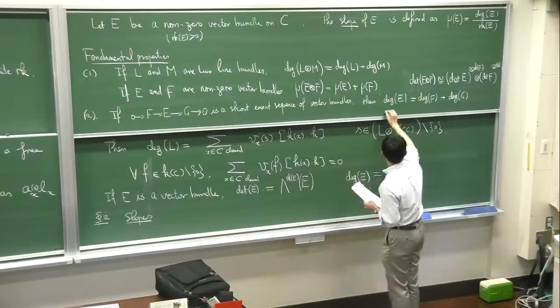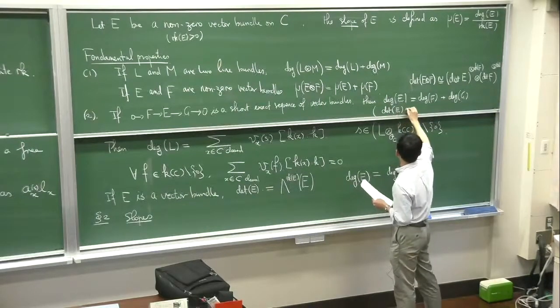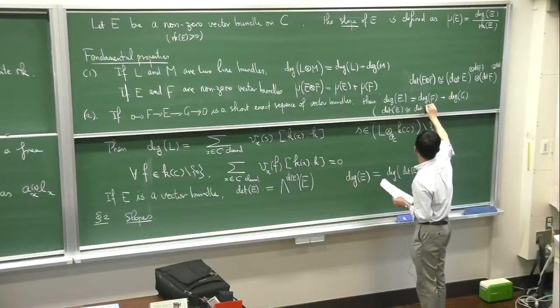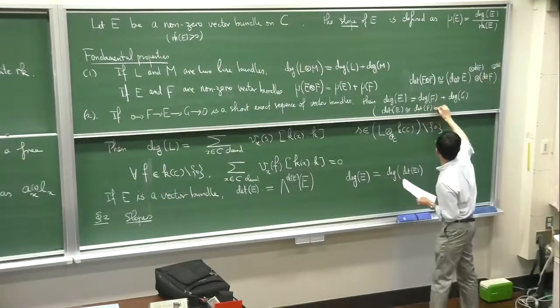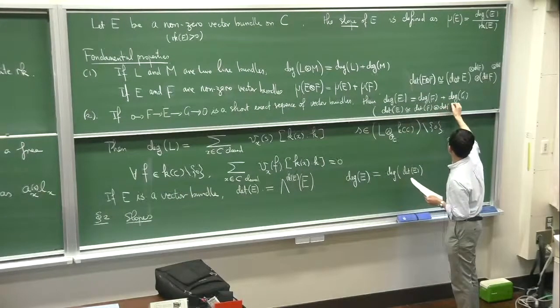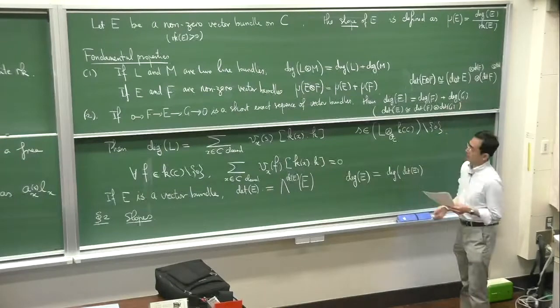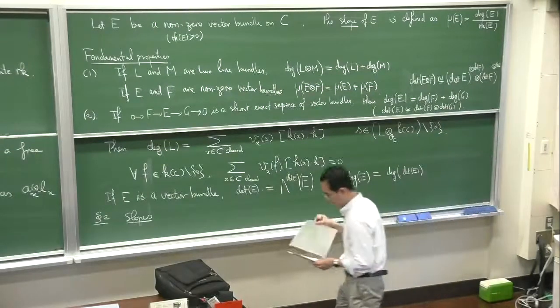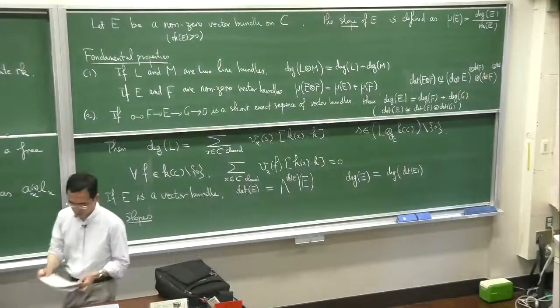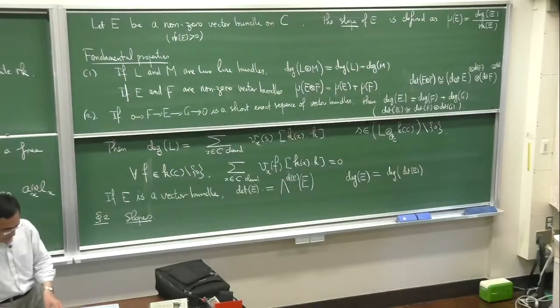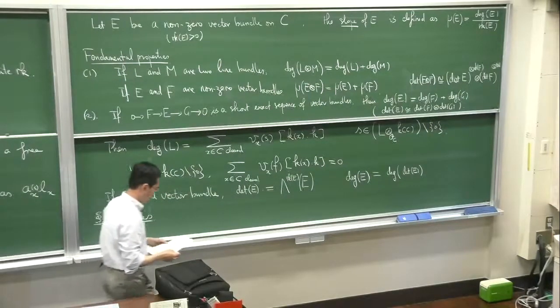And this comes from the relation that the determinant of E is isomorphic to the determinant of F tensor the determinant of G. So if you apply the formula for calculating the degree, you find this.